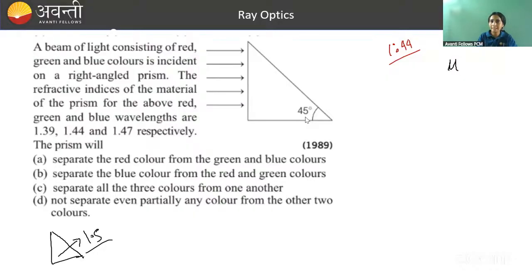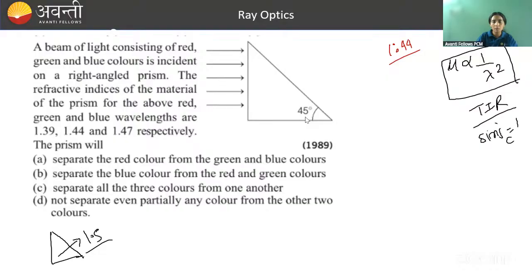If we are using any other color of light, the refractive index of the glass will change. So refractive index is basically a function of wavelength. That is called Cauchy's formula. So here you need to use this formula first, and one very common formula, the total internal reflection formula, that is sin IC is equal to 1 by mu.